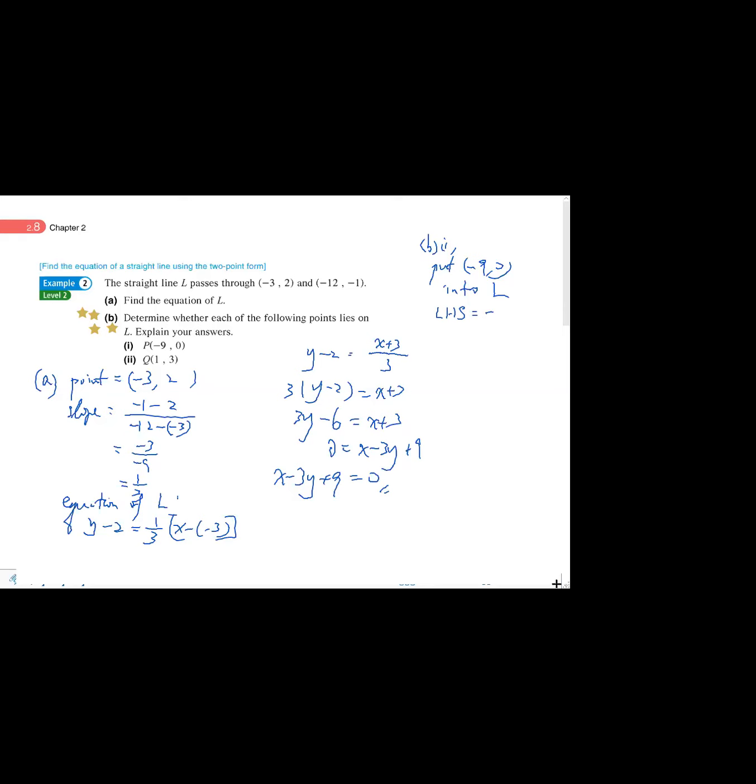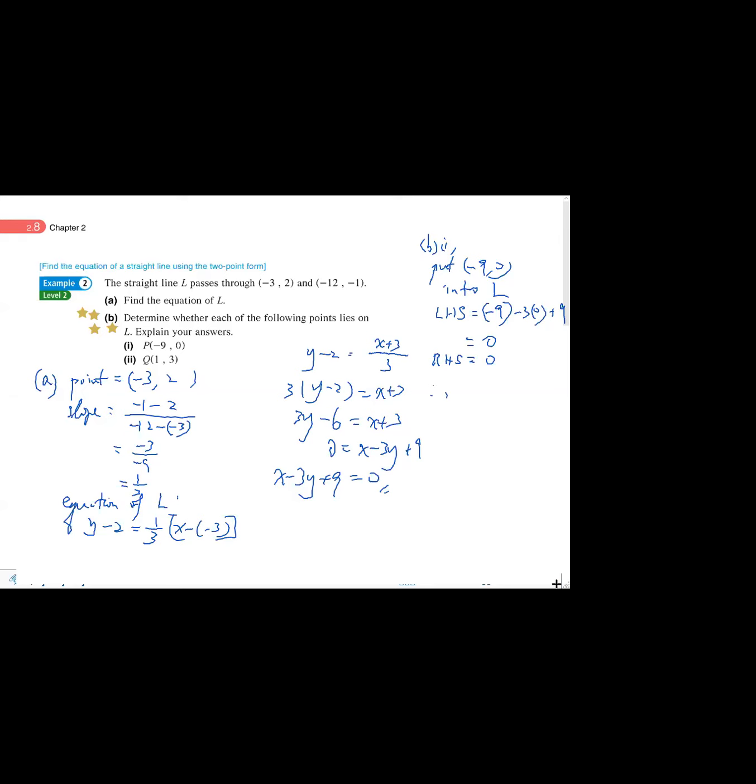We write -9 minus 3 times 0 plus 9. Okay, so -9 plus 9 is equal to 0, and then right-hand side is also equal to 0. Okay, so we do not need any calculation on the right-hand side this time. Okay, so left-hand side and right-hand side are both equal to 0.